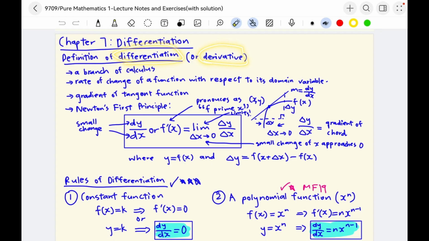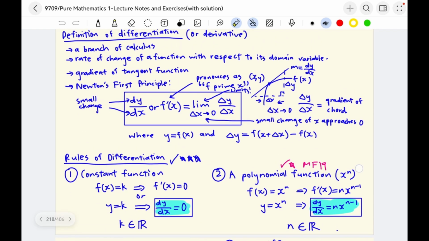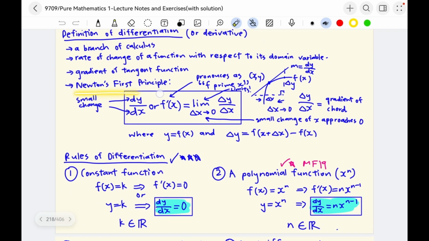Okay, it's actually the rate of change of the function with respect to its domain. In other words, it is the gradient of the tangent function. So how does this work? This can be explained by using Newton's first principle, which has a wider symbol of dy dx.